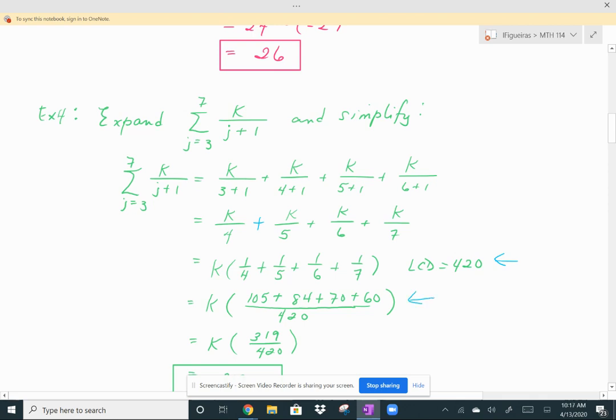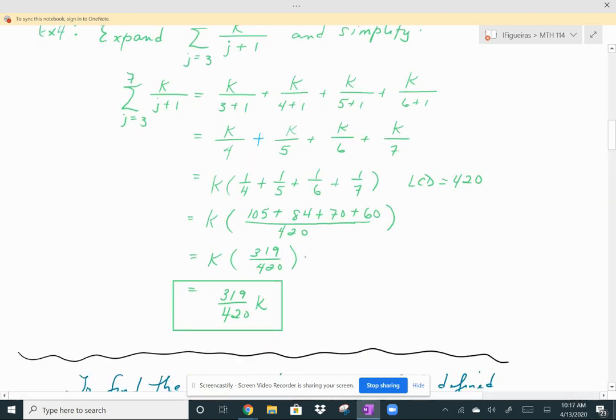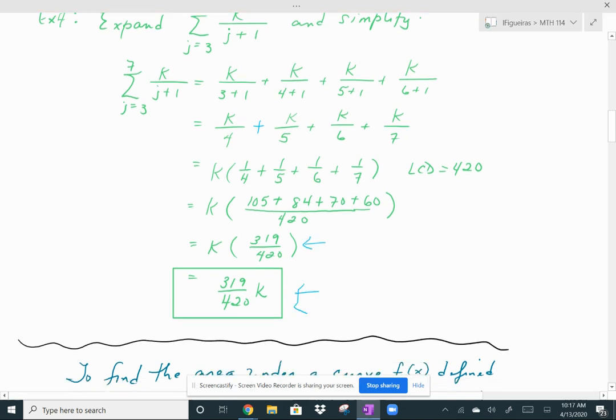The second one has to get multiplied by 84. The third one by 70, and the last one by 60. So when you add up all the terms in the numerator, you get 319 over 420 times k, which is what you see right here in your final answer.